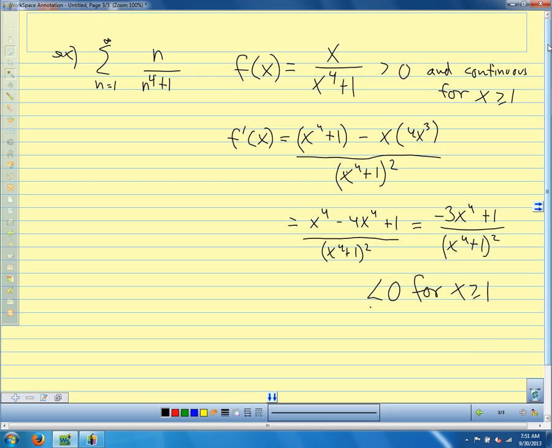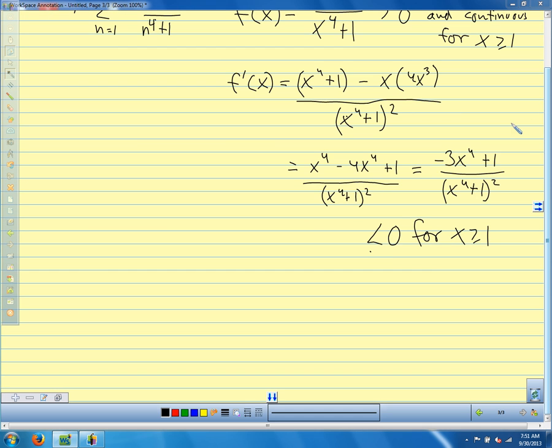Well, now we need to evaluate this integral. So we're looking at the limit as b approaches infinity of the integral from 1 to b of x over x to the fourth plus 1 dx.